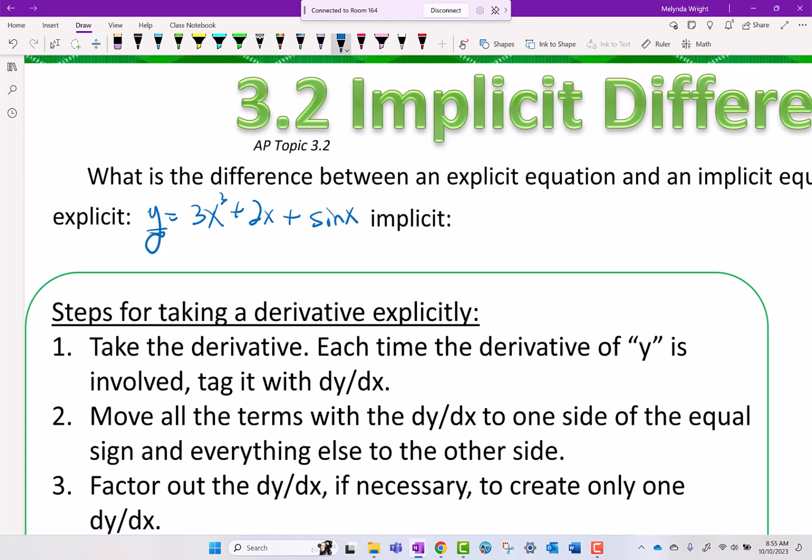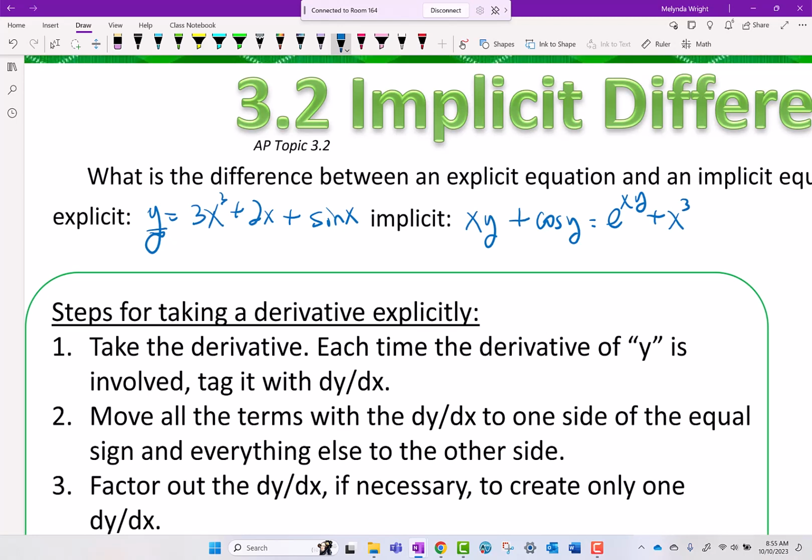Now, implicit equations are ones where the letters are all jumbled up. One is not solved for the other. So an example of an implicit equation would be something like xy plus cosine of y is e to the xy plus x cubed. There are x's and y's sprinkled all over the place.